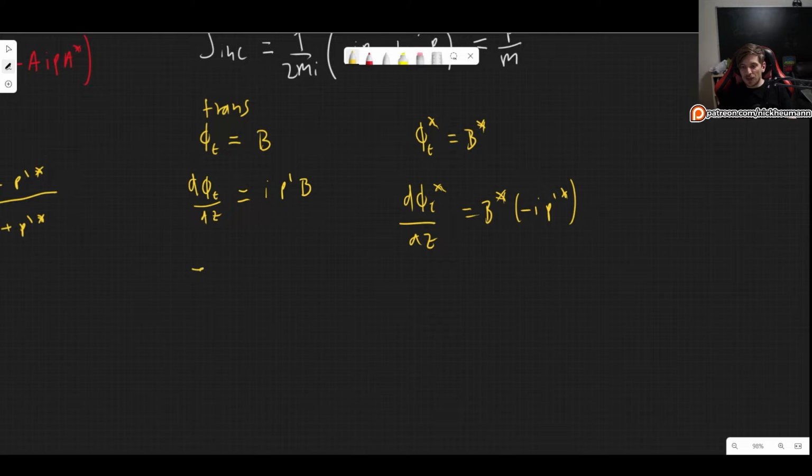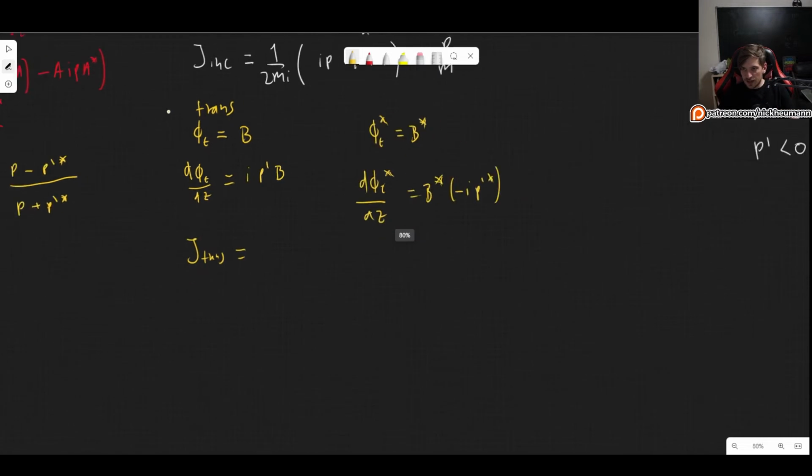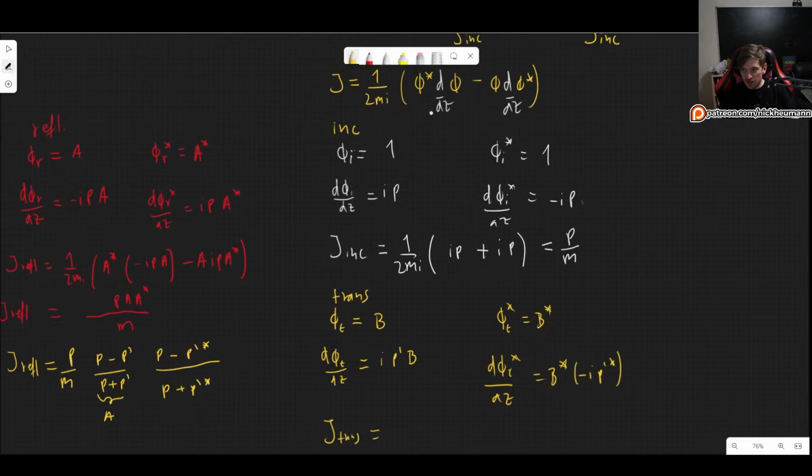And then we have the transmitted probability current, which comes simply from the formula, the conjugate one first. So it is conjugate phi, so we get 1 over 2mi. Let's not forget 1 over 2mi. And then we have b conjugate times this, so i p prime b, minus, then we have b times this, so minus i p prime conjugate b conjugate.